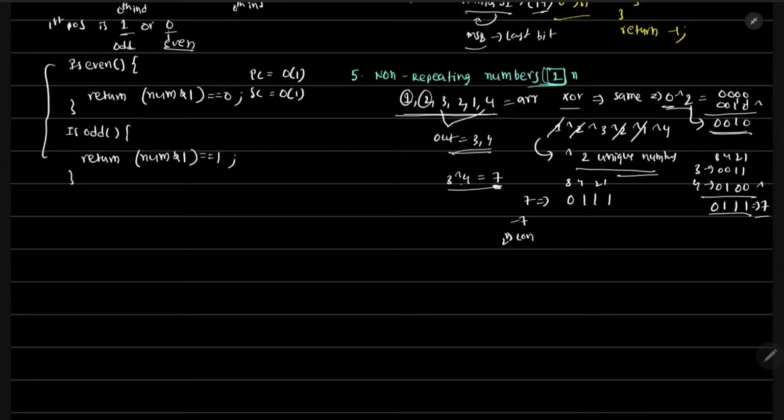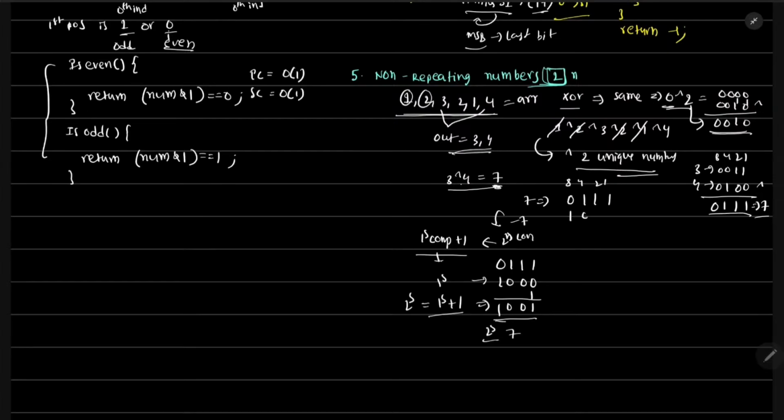The 2's complement is nothing but the 1's complement plus 1. So the negative number is nothing but the 2's complement. How do we calculate it? The 1's complement of 0 1 1 1 is 1 0 0 0. We add 1, and what happens? 1 0 0 1. So this is the 2's complement for 7.